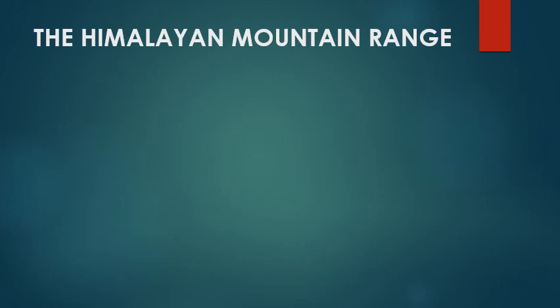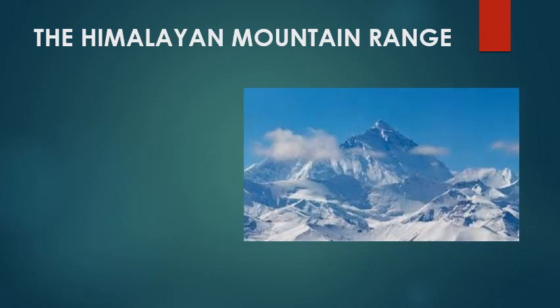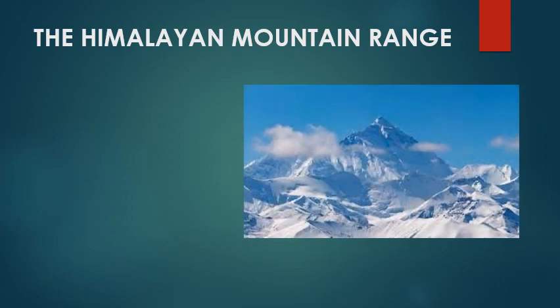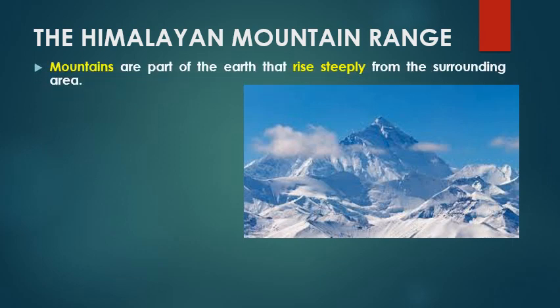So first, the Himalayan mountain range. This is a beautiful picture of the Himalayan mountain range. Now what are mountains? Mountains are parts of the earth that rise steeply from the surrounding area.